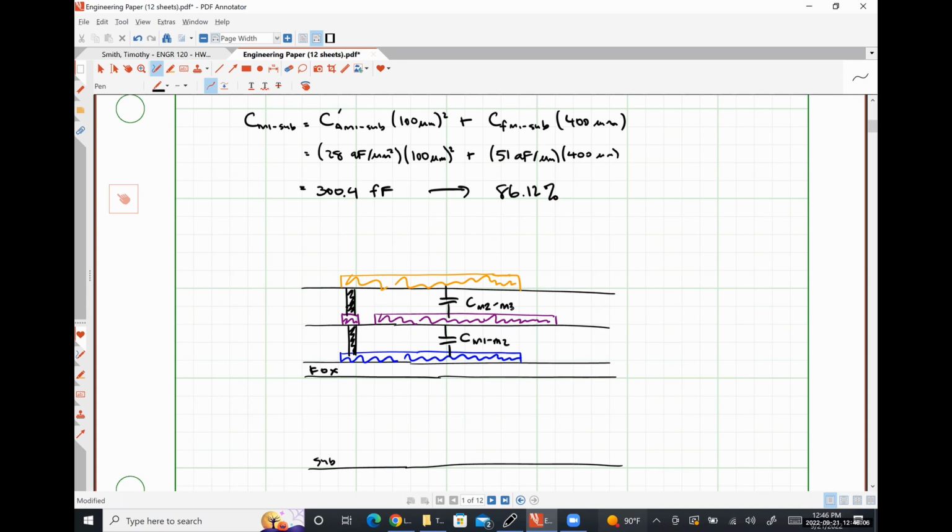Only the metal 1 layer is going to contribute to the parasitic capacitance that we see, right? Because there's going to be metal in the way. We might have some fringe that we might have to worry about, but we're not going to have to take into account any area contribution from metal 3 all the way down to our substrate.